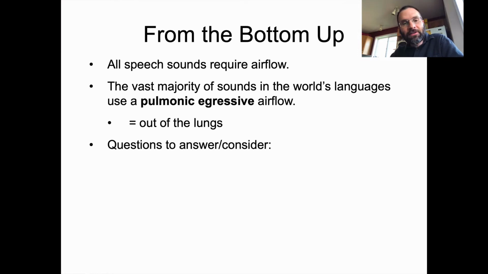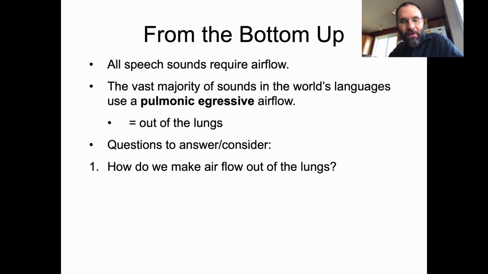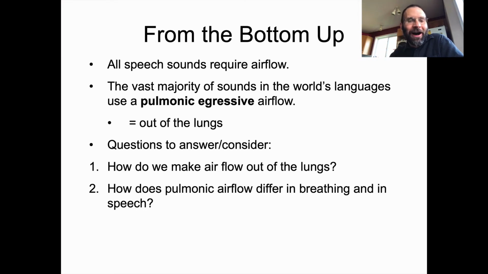In this lecture, we're going to address three different questions by the end. One is the most basic question: how do we make airflow out of the lungs? We kind of know the answer to that a little bit from 341. You might want to think about what answer we talked about in that class before we get to it in this lecture. Number two, how does pulmonic airflow differ in breathing and in speech?